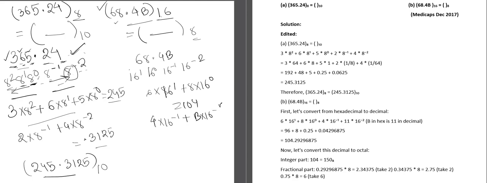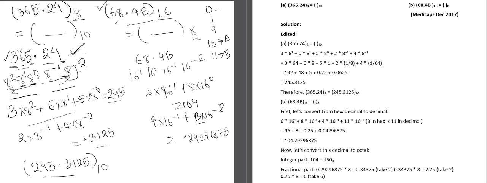the power minus 2. And b signifies that in the hexadecimal number system, from 0 to 9 we represent digits just like decimal, 0 1 2 3 4 5 6 7 8 9, and for 10 we use a, and 11 is represented by b. So here b signifies 11. If we do the calculation, it gives us 0.29296875.